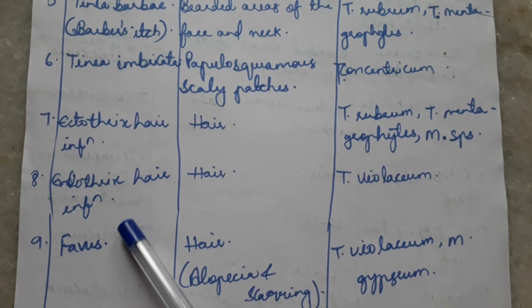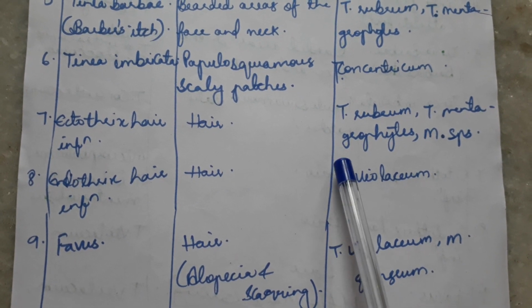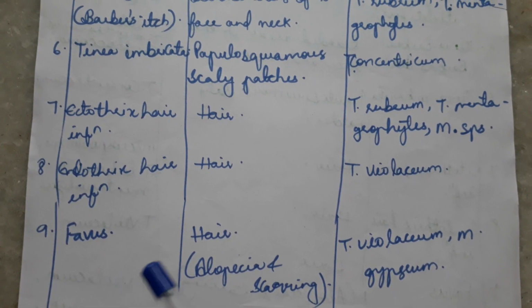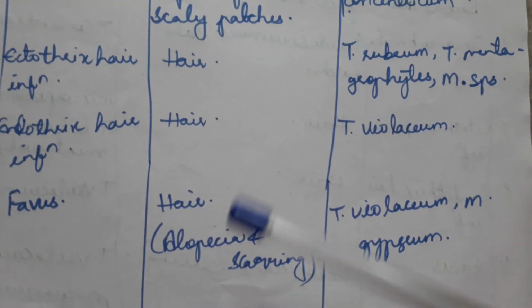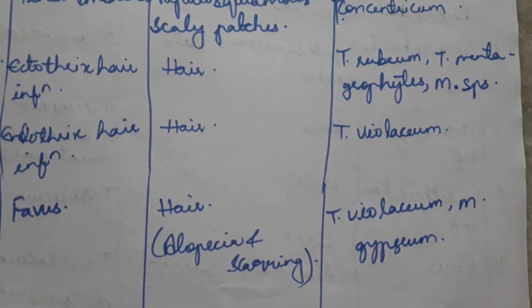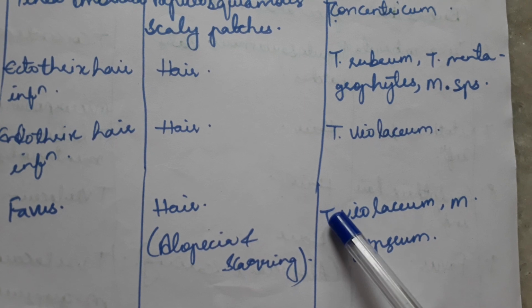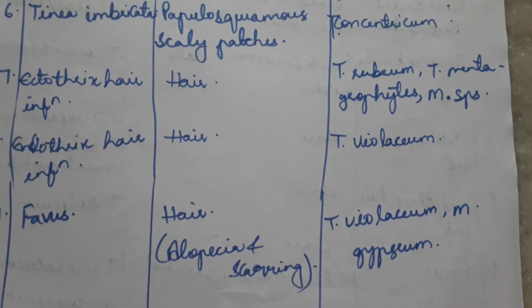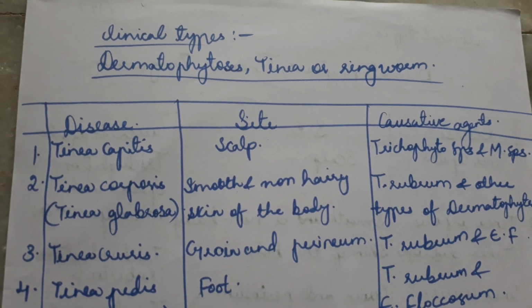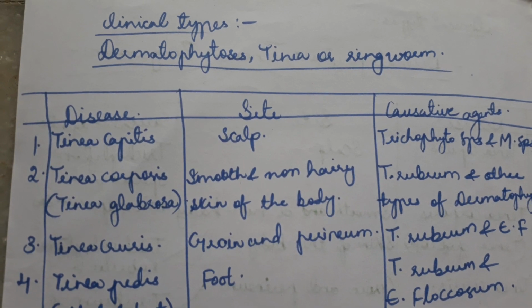Endothrix hair infection: the site is hair, and the species is Trichophyton violaceum. Coming to favus, the site is hair, with alopecia and scarring. The species are Trichophyton violaceum and Microsporum gypseum. You can give this for a short note, the clinical types with disease, site and causative agent. You'll score good marks.